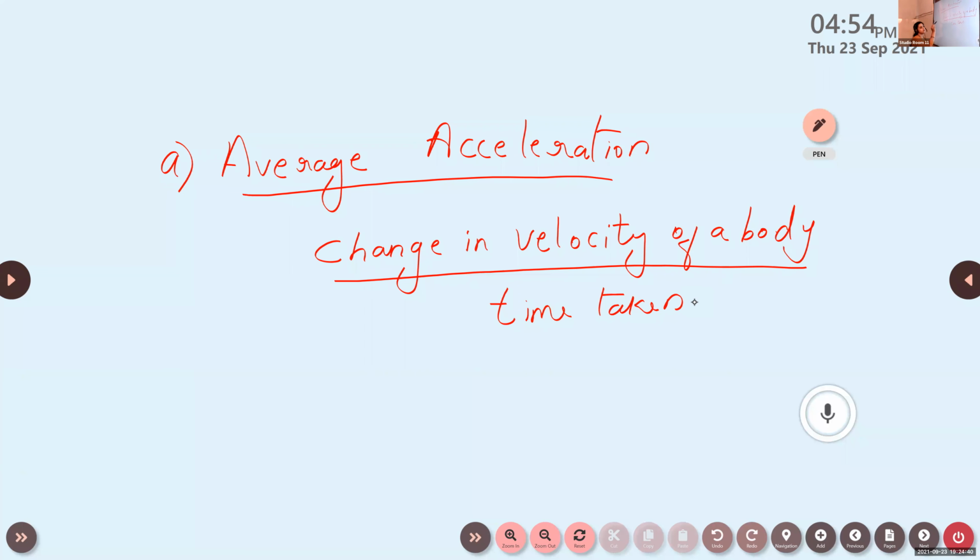Average acceleration is denoted by vector A average. Vector A average is equal to the change in velocity of a body divided by the time taken.